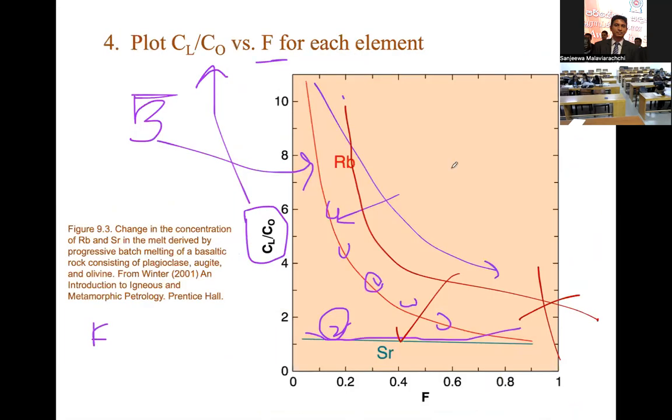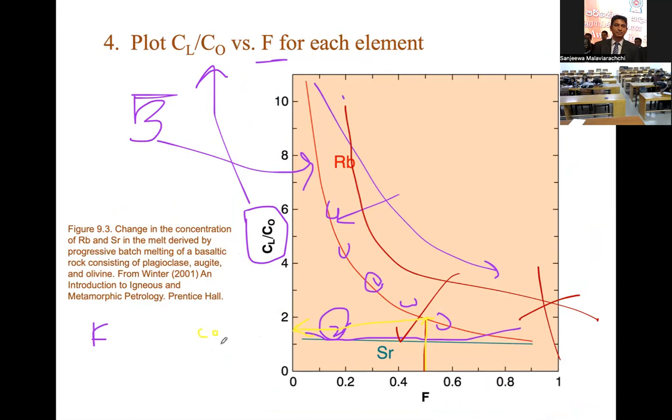After that, at a given degree of melting, for example 0.5, your rock must have this amount of ratio of that particular element.